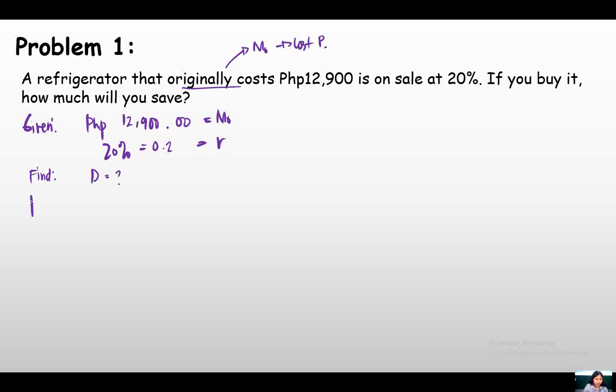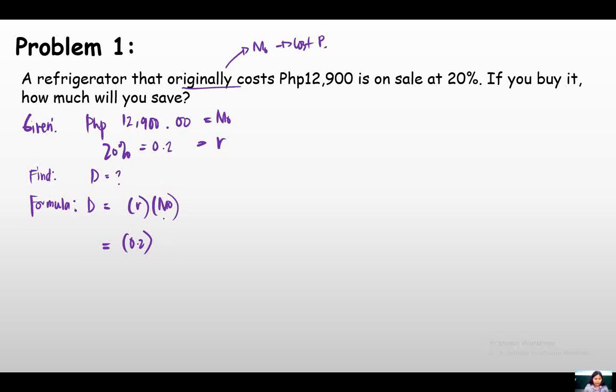Again, what is the formula for the discount? We're just going to get the product of rate and the cost price. Our rate is 0.2. Do not forget to convert the percent into decimal before you substitute it into the formula.